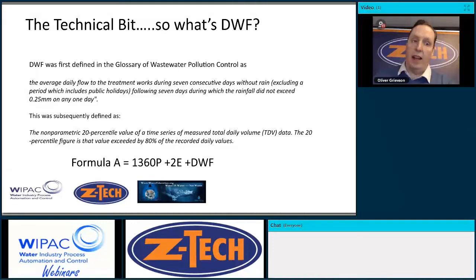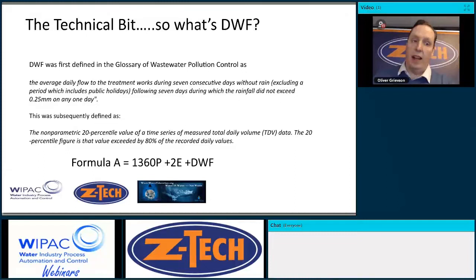You can literally go back, and I've got a copy, I dug it off the internet, and the glossary says the average daily flow to the treatment works during 7 consecutive days without rain, excluding a period which includes public holidays, following 7 days during which the rainfall did not exceed 0.25 millimetres.